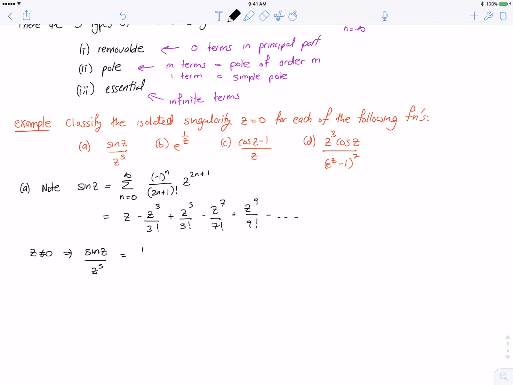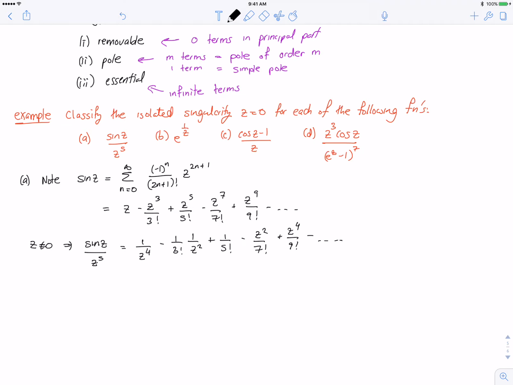If I do that, I get 1 on z to the 4 minus 1 on 3 factorial times 1 on z squared plus 1 on 5 factorial minus z squared on 7 factorial plus z to the 4 on 9 factorial, etc., etc. So you can see there are only two terms which involve a negative power of z. So there are only two terms in the principal part.